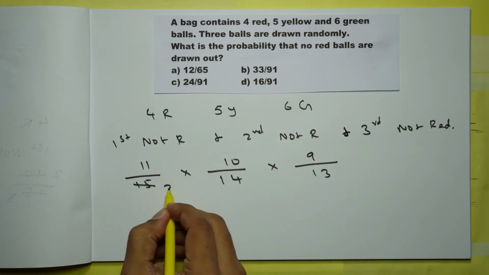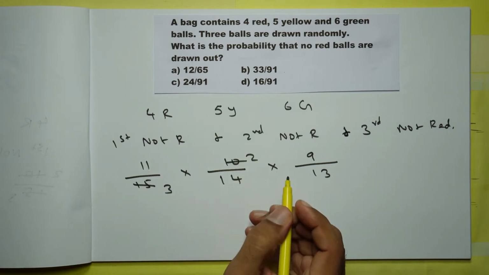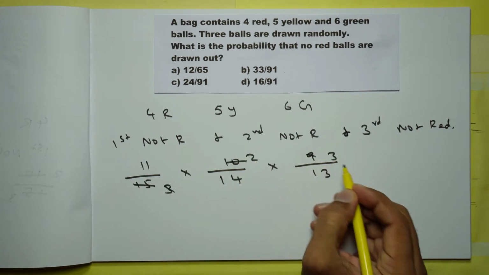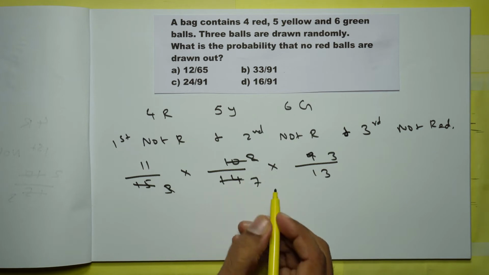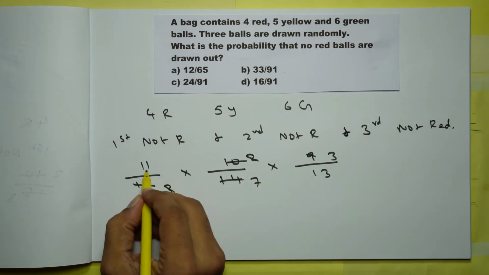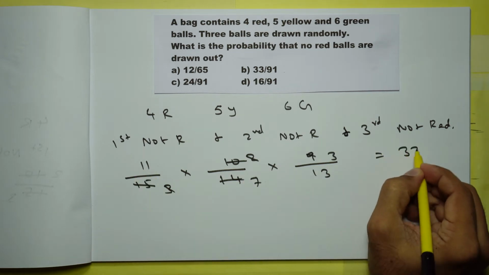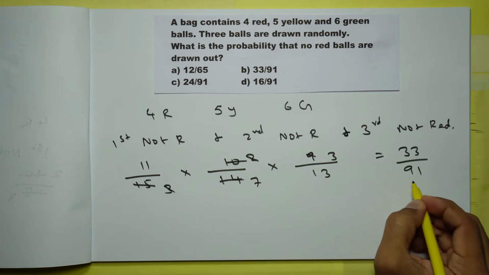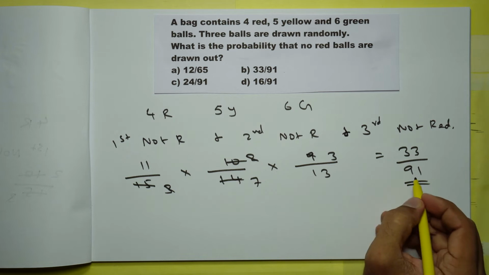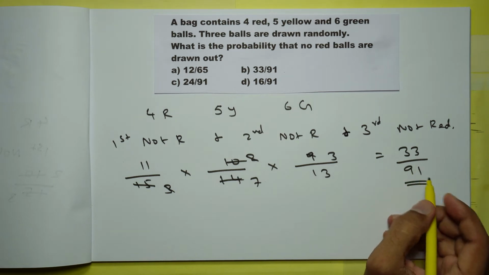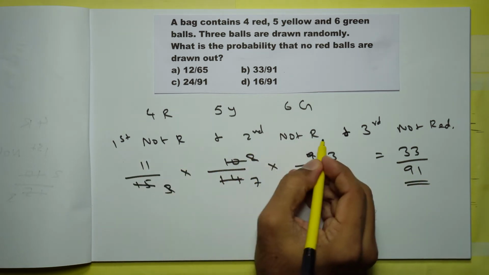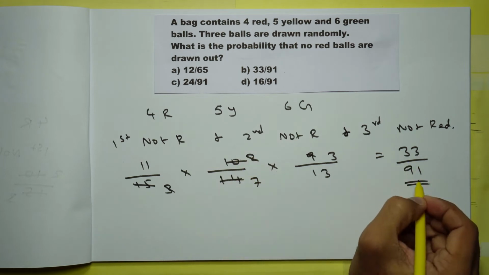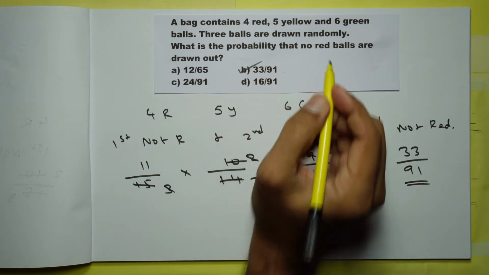Here 5 divides 3 times, 5 divides 2 times, 3 divides 3 times and 2 divides 7 times. So in the numerator you have 11 into 3, 33. Denominator is 7 into 13, 91. So 33 out of 91. That is the probability that none of the red balls were drawn. So 33 out of 91, option B.